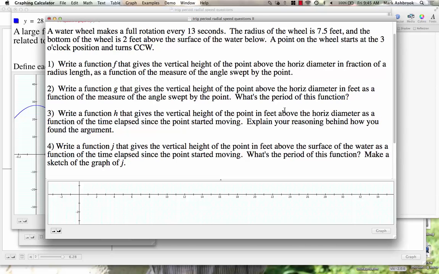Nope. Read what quantities it's talking about. Think about what you're learning. What's the input? What's the output?